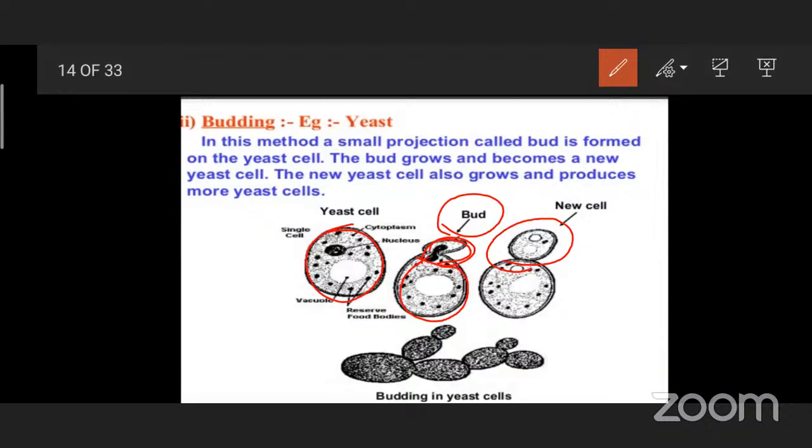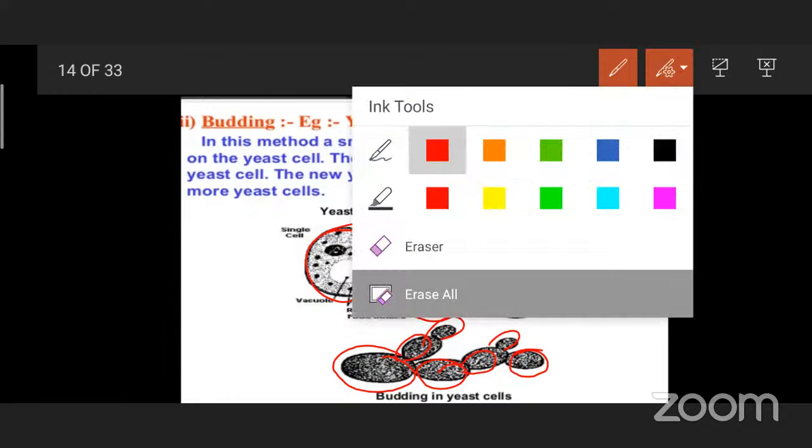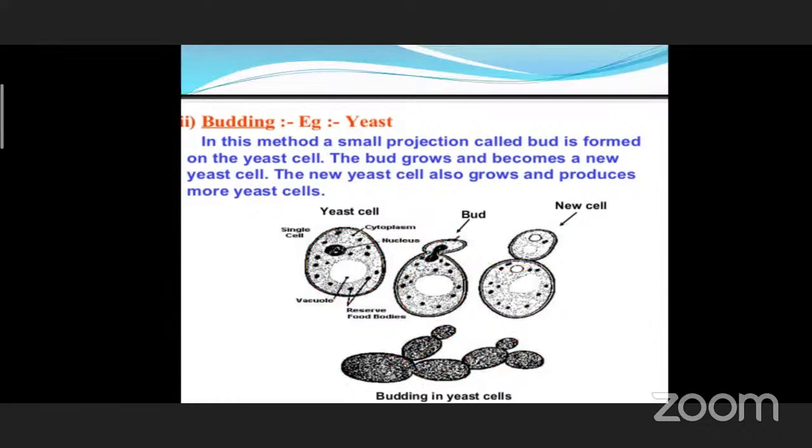The new yeast cells also grow and produce more yeast cells. This is also an asexual reproduction method.